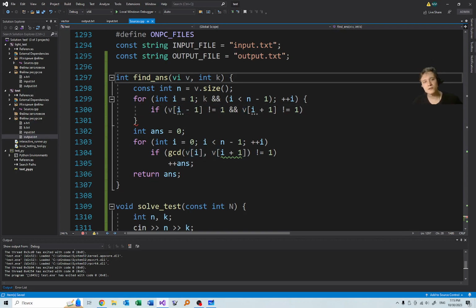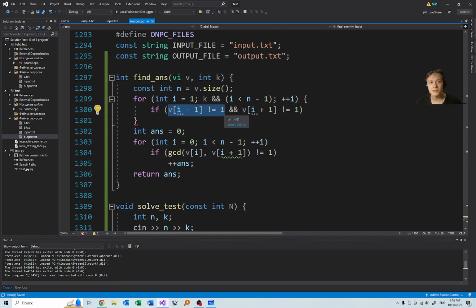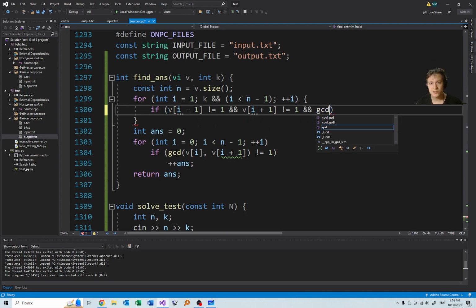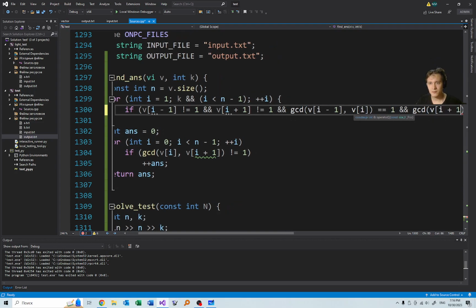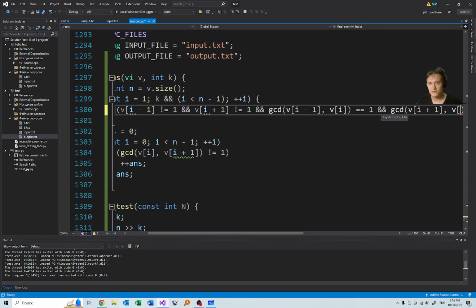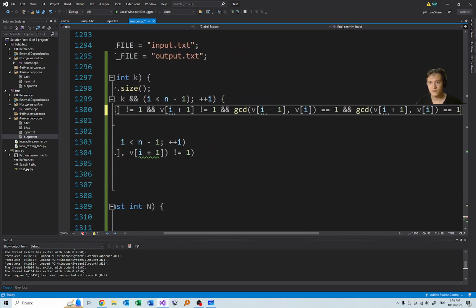So let's assume that we have an element which is not 1, and the element after that is not 1, but both GCDs are 1s. GCD of v_i minus 1 and v_i is 1, and GCD of v_i plus 1 and v_i is 1.